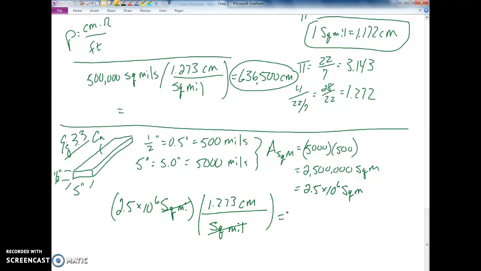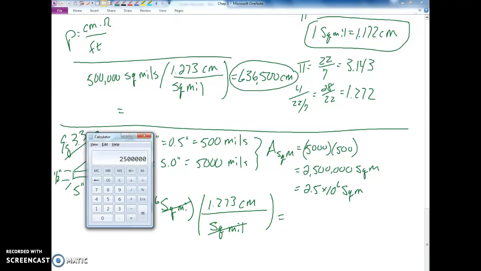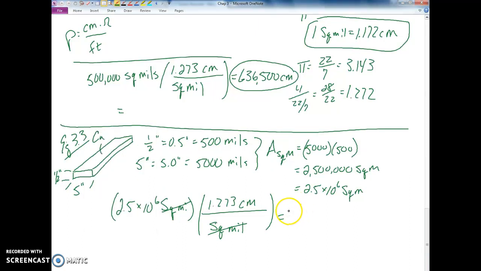We take 2.5. I'll do a little bit of a shortcut here. 2.5 times 1.273 gives me 3.183. And I'll add back my 10 to the 6th circular mils. Okay.